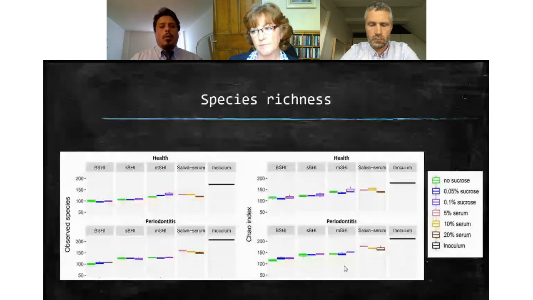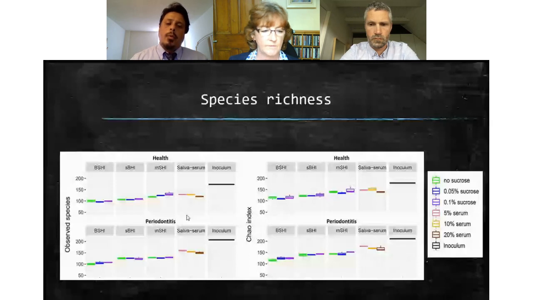Now let's have a look at species richness. In both the health-derived and peritonitis-derived microbiomes, saliva serum grew the most number of species compared to the inoculum. And we can see this in both the observed and the expected number of species.